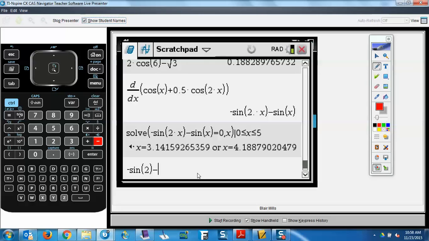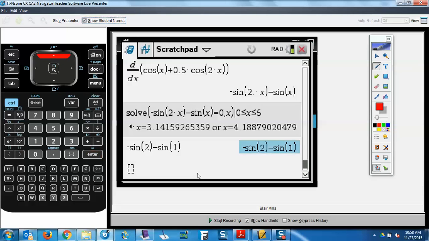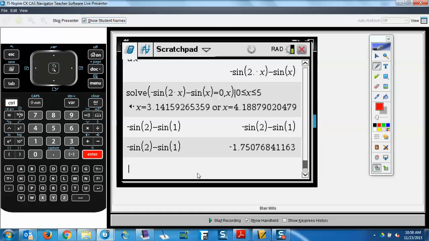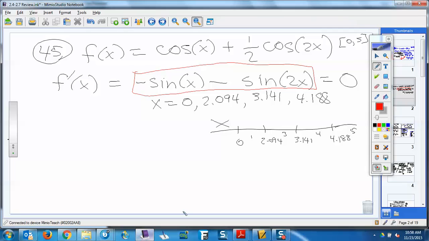If you use pi thirds, maybe you pick different numbers, right? You might have picked pi numbers, that's fine. Hit enter. Oh, and it gives you that, so I'll just hit control enter, and it gives me that. And what do I care about that? It's negative. All I care there is it's negative, because I plug that into, I should label this as f prime. So we got negative.